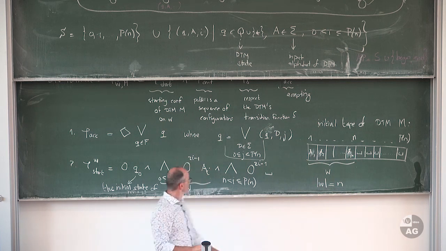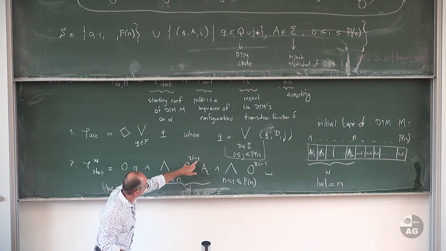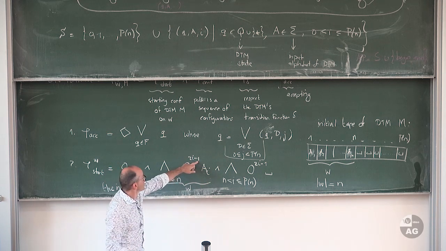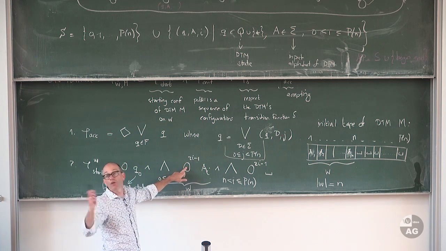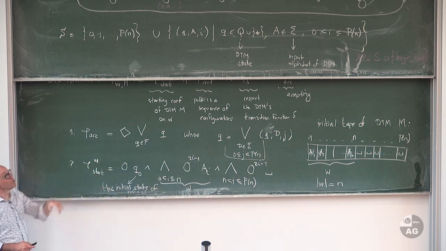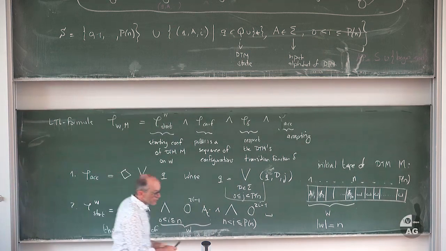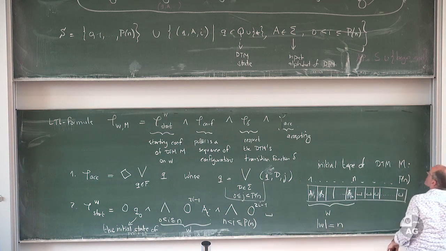This is Ai. Why do I need this 2i minus 1? Why do I not just write the first n positions? Well, this is next 2i minus 1, so this means next, 2i minus 1 times. Why do I need this factor 2 here? Well, this has to do with the shape of this Turing machine, the shape of the transition system.